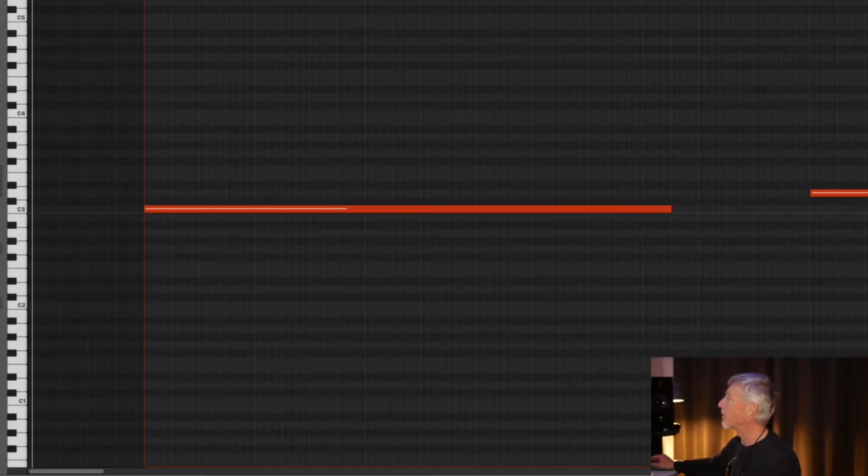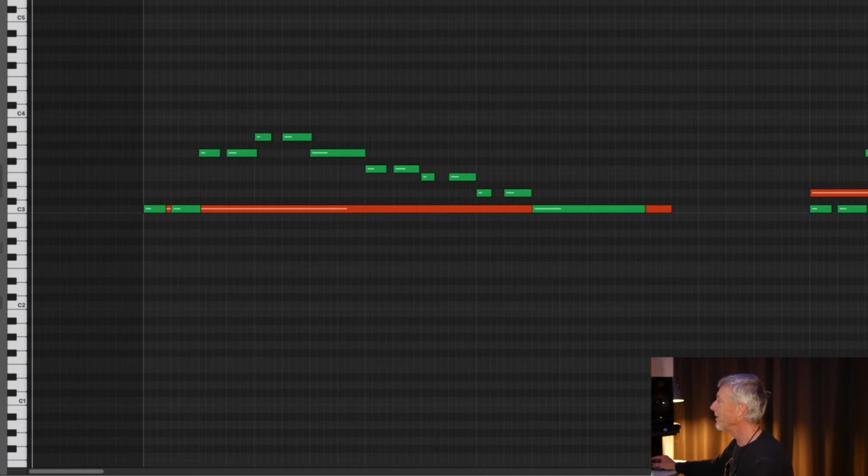Well, it suggests something to me, which is this. What if I set up an axis around which my melody is going to be mirrored? I'm just drawing in some orange lines here, and we're not going to hear those notes. But here's our melody, which will be familiar to you.